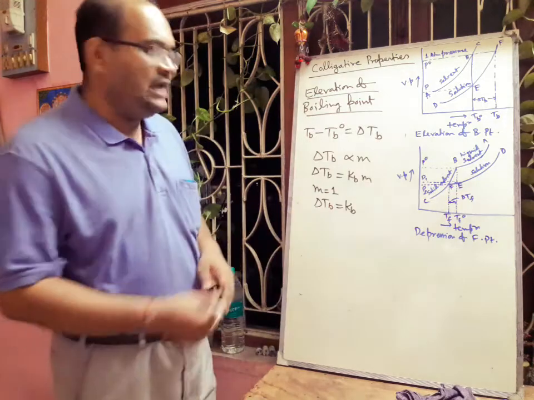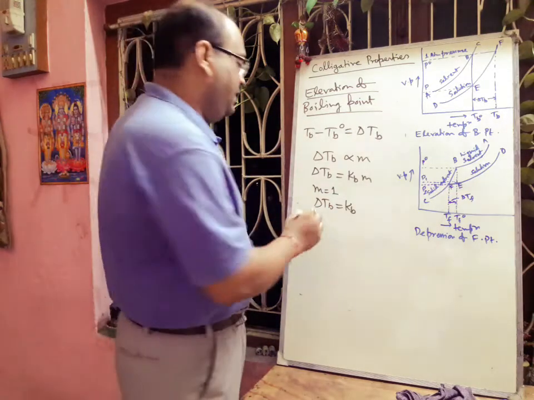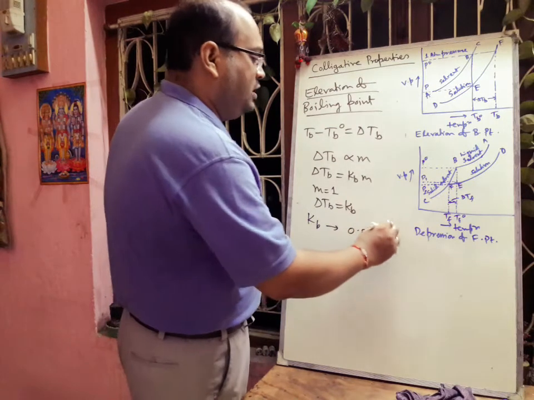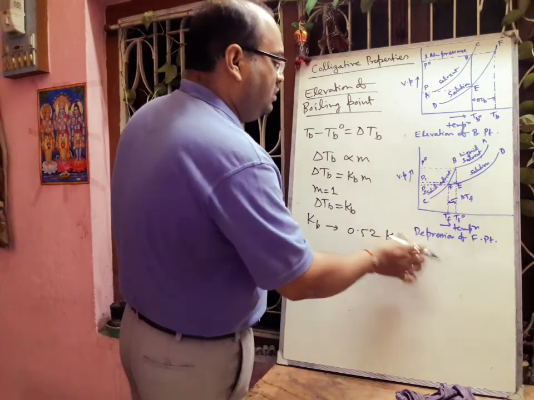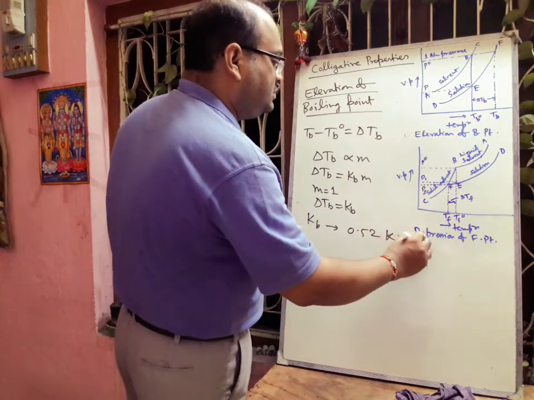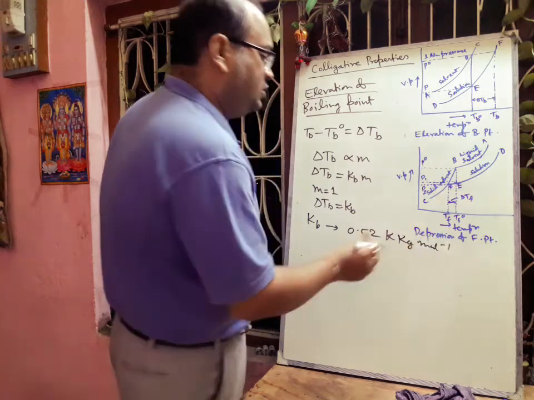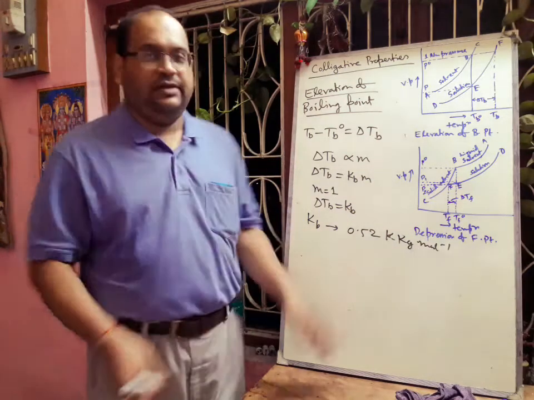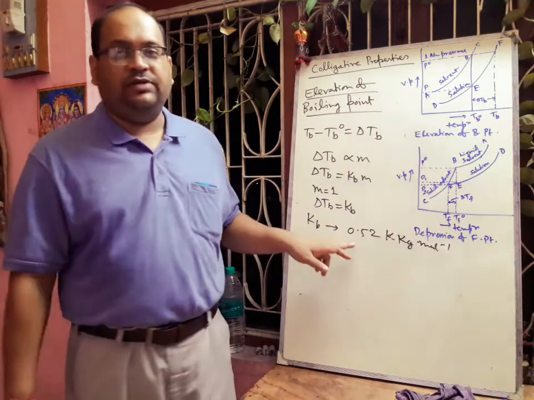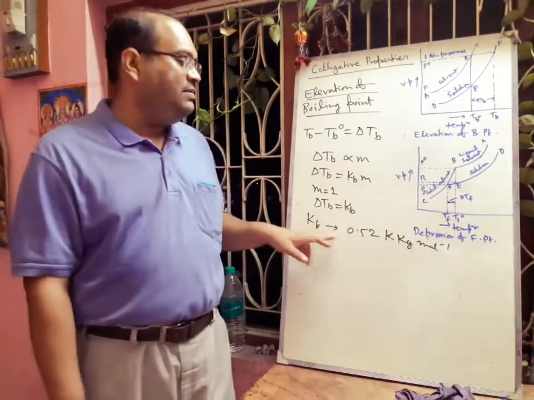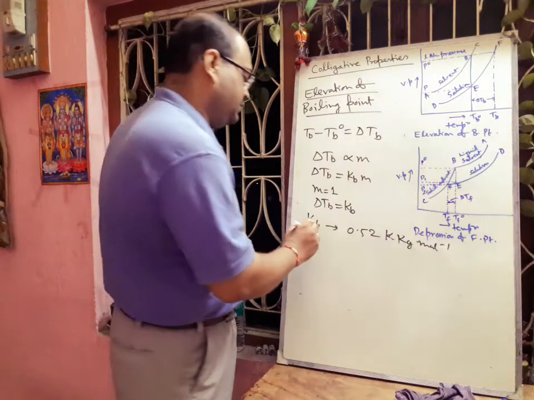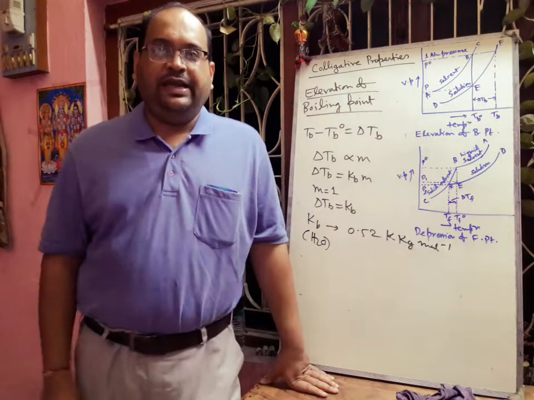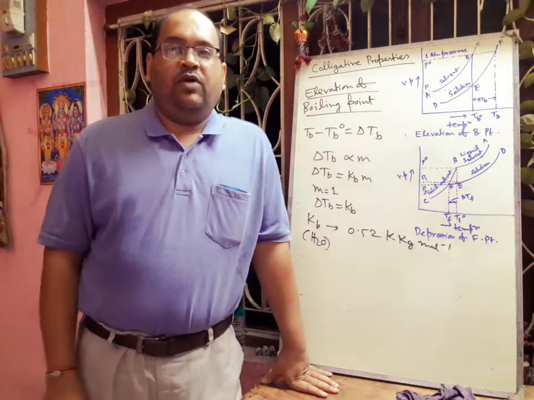The Kb value for water is 0.52 Kelvin kg per mole. Sometimes in numericals this value may not be given, so better you try to remember this value, that Kb for water is 0.52 Kelvin kg mole inverse.